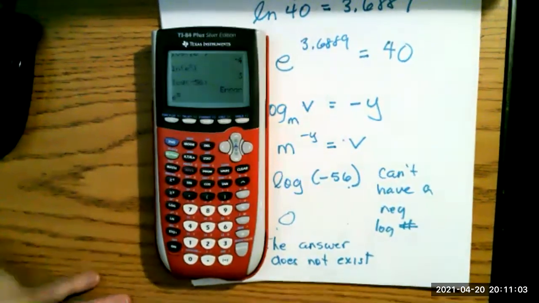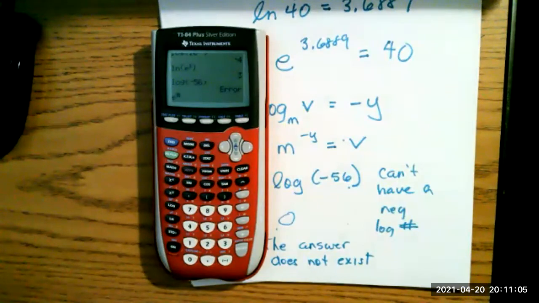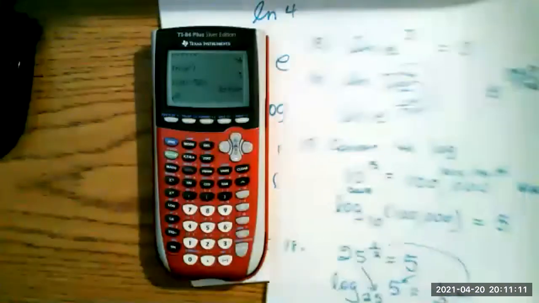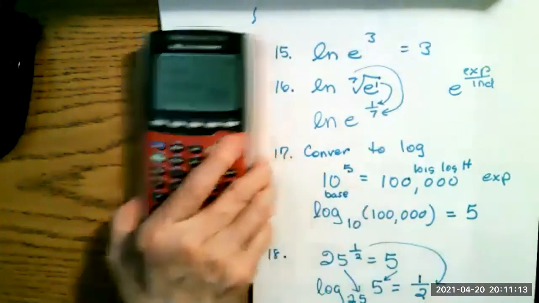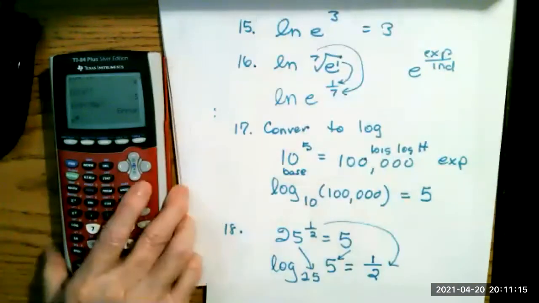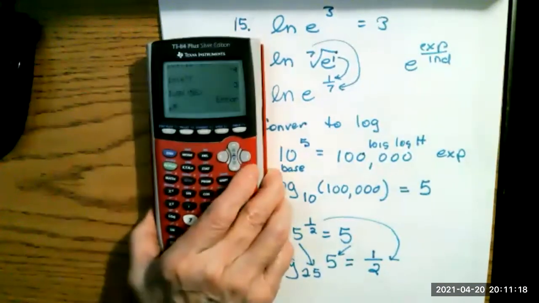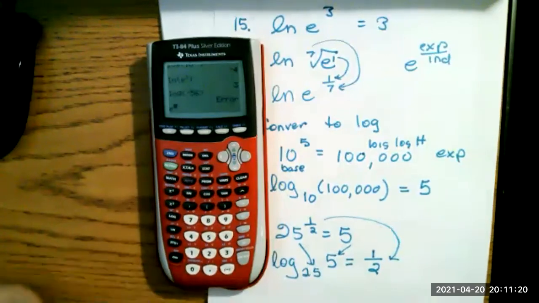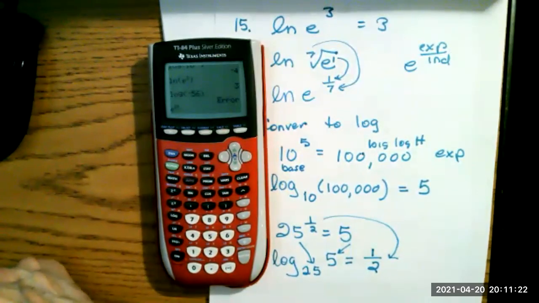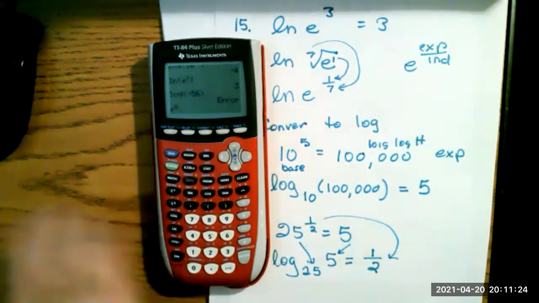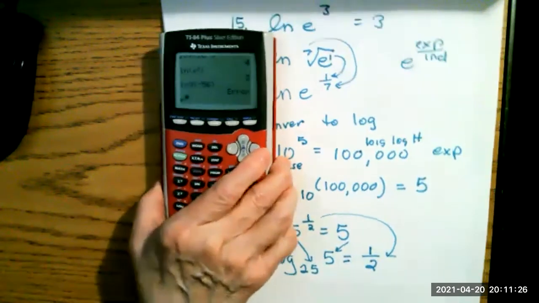What number was that? 15. Okay, so for instance, like number 16. 16 said LN, and then it had the 7 inside the square root of E. That's a little tricky in your calculator.